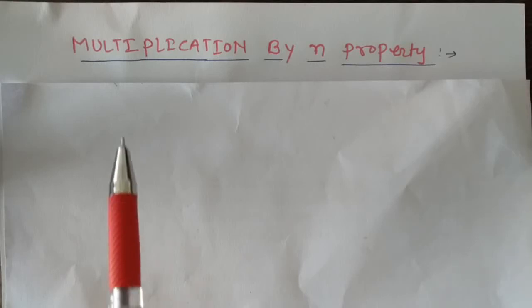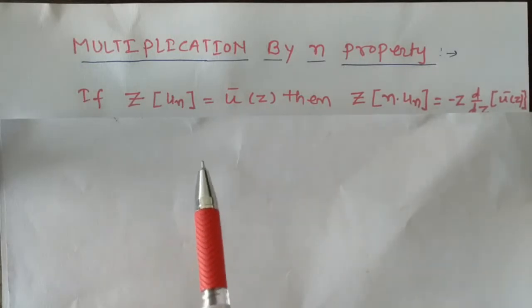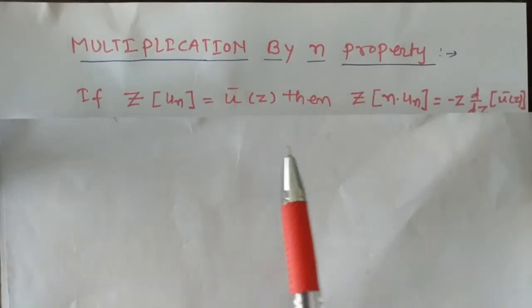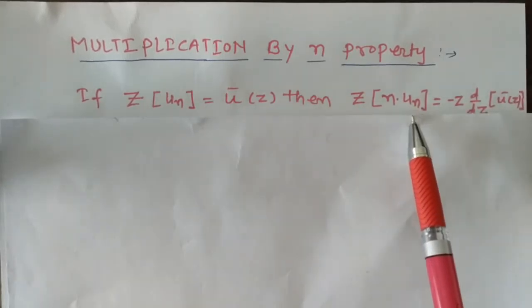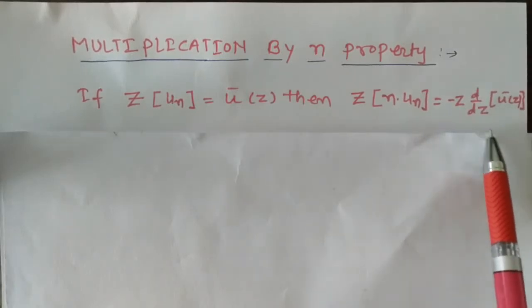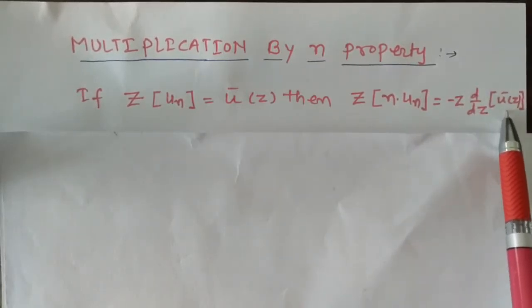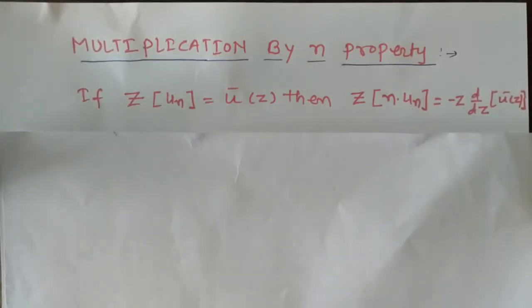So first we discuss multiplication by n property, which states that if Z transform of a sequence u_n is U bar(z), then Z transform of the sequence n u_n is minus z d by dz of U bar(z), where U bar(z) is the Z transform of the sequence u_n. So this is called multiplication by n property.